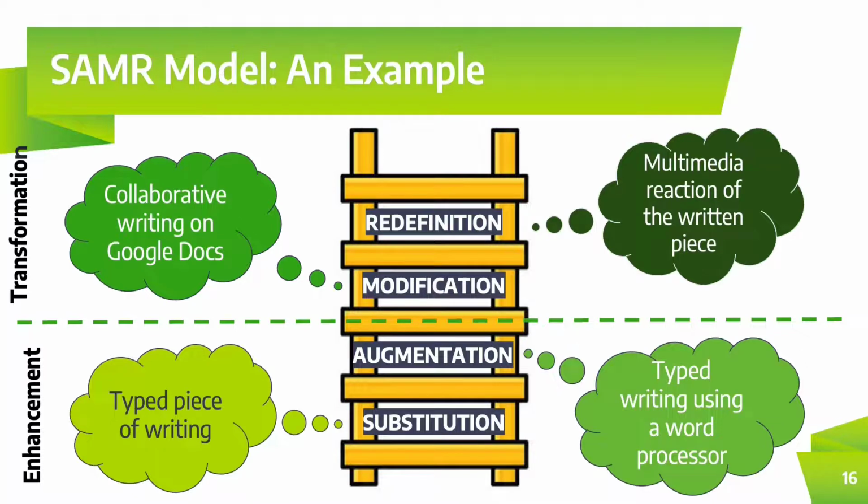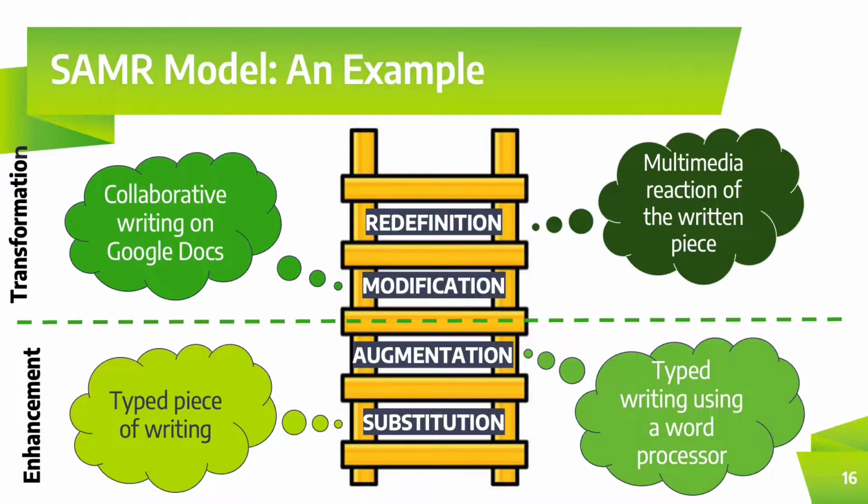The first two levels of the technology integration model, that is substitution and augmentation, allow only for learning enhancement. They're necessary, but in most cases insufficient. The goal of educators should be to move to the upper rungs of the ladder and to transform the learning experience with technology.